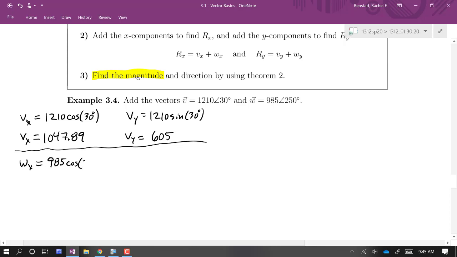Magnitude times cosine. Magnitude times sine.